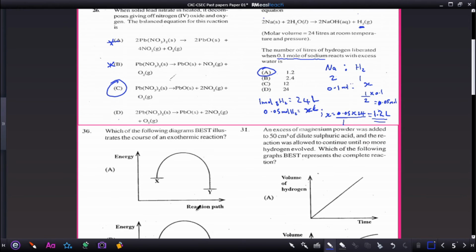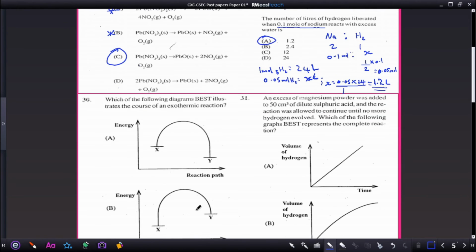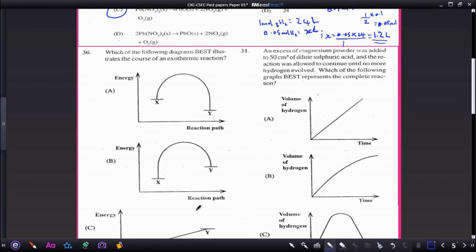Number 30. Which of the following diagrams best illustrates an exothermic reaction? Remember, in an exothermic reaction, the product is lower than the reactant. So the graph indicates that the product is lower than the reactant.